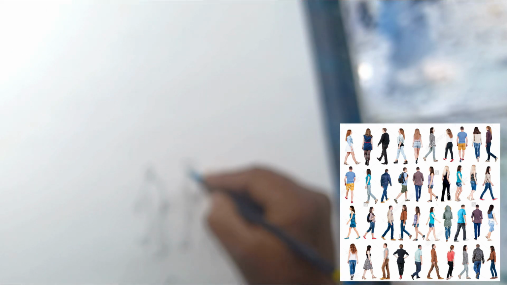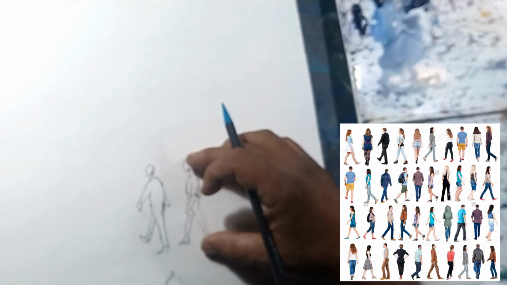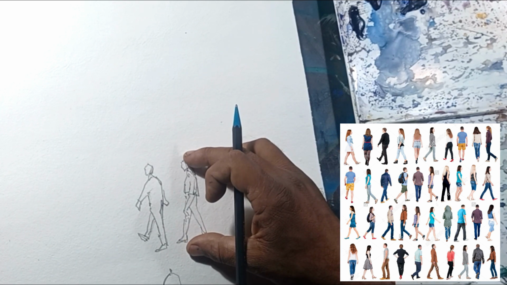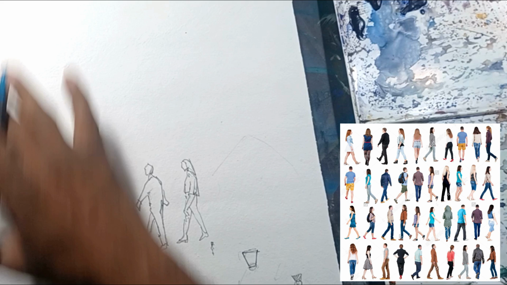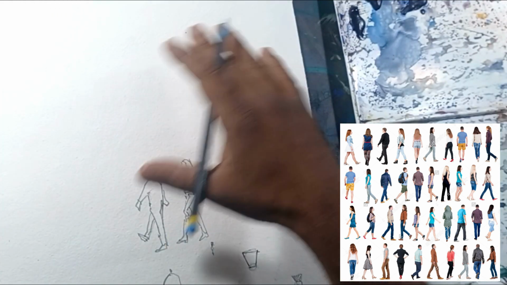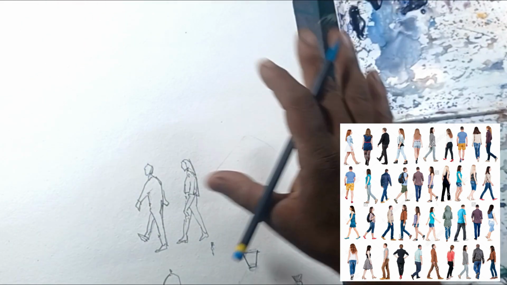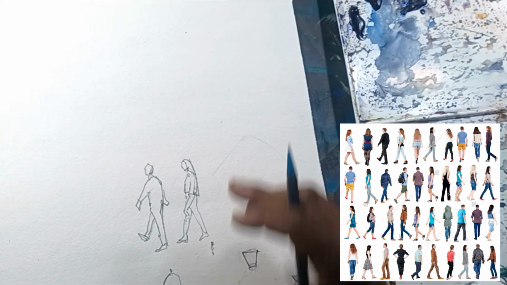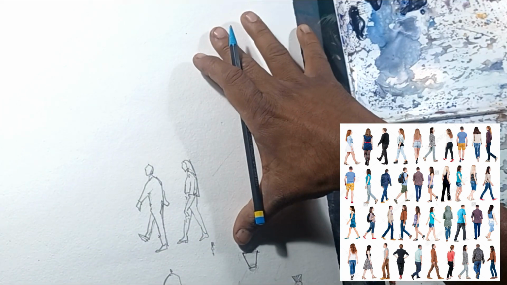Okay. So now what I am trying to do is basically capture the gesture. I am not trying to go very, very detailed. Because if my paper is this big, it is very rare for a human figure to be this big in a painting where there will be landscape, or cityscape, trees, buildings, cars, dogs, cows, etc. In a scene, it is very difficult to have a character this big.